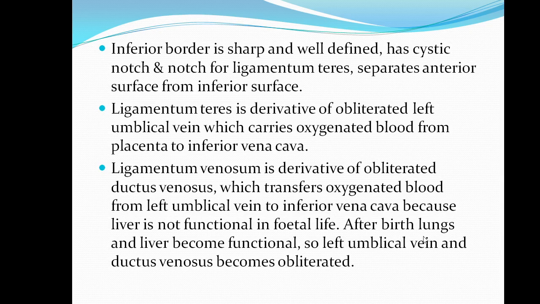After birth, the lungs and liver become functional. The oxygenation now occurs in the lungs instead of the placenta. So the left umbilical vein and the ductus venosus become obliterated.